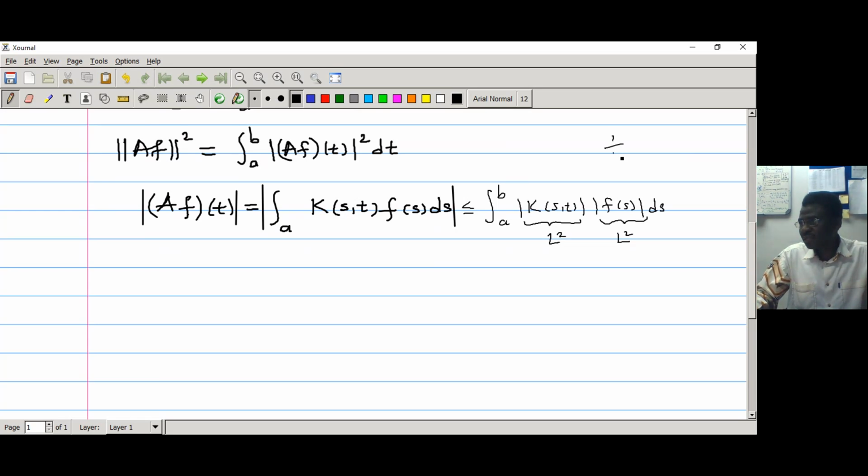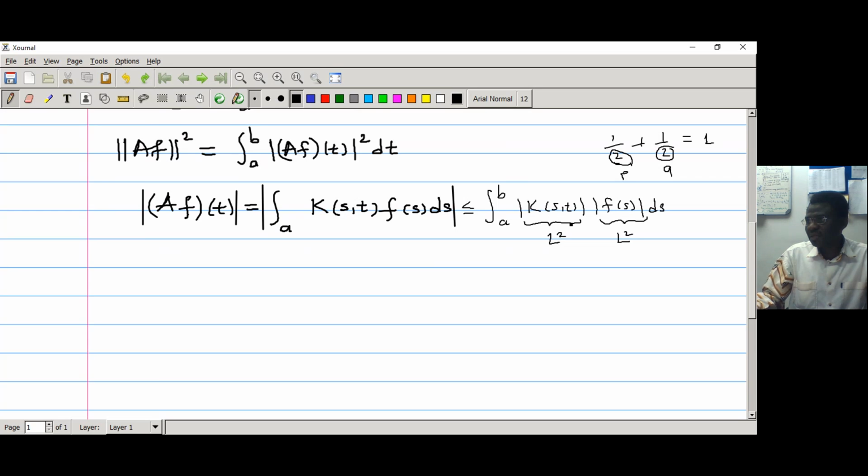We know that 1 by 2 plus 1 by 2 is 1. So p is 2, q is 2, and they are L2, L2. So I can use the Holder inequality with p equal to q equal to 2.